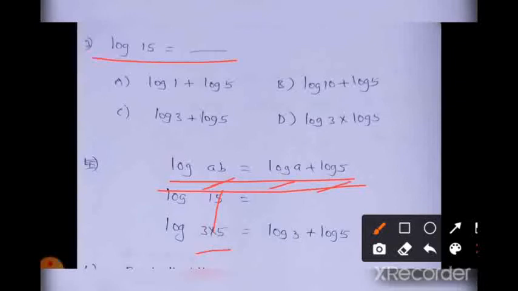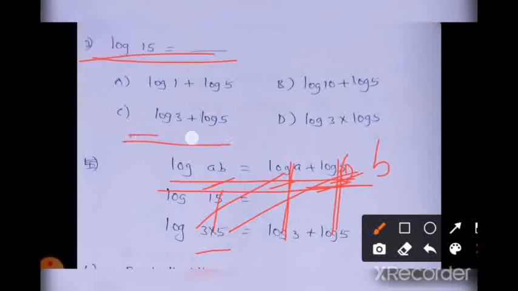So according to this formula, log a plus log b, here in the place of a is 3, in the place of b is 5. So log 15 is equal to log 3 plus log 5. So this is the correct option. C is the correct option.